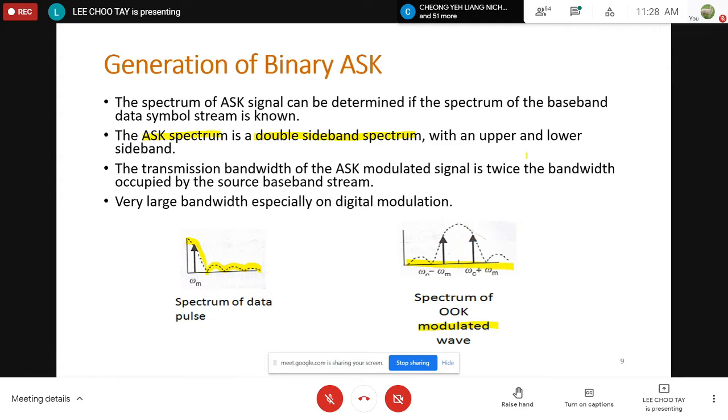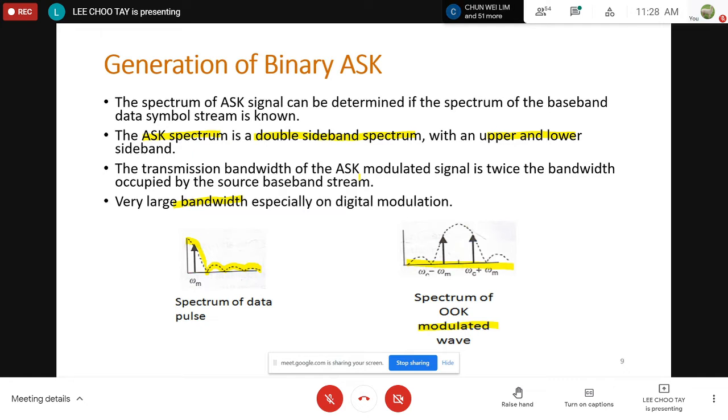Yeah, so that means you have an upper sideband and a lower sideband as well. So you can expect the ASK bandwidth will be very wide as well. That's because your baseband signal bandwidth is already wide, because we use rectangular pulses there.